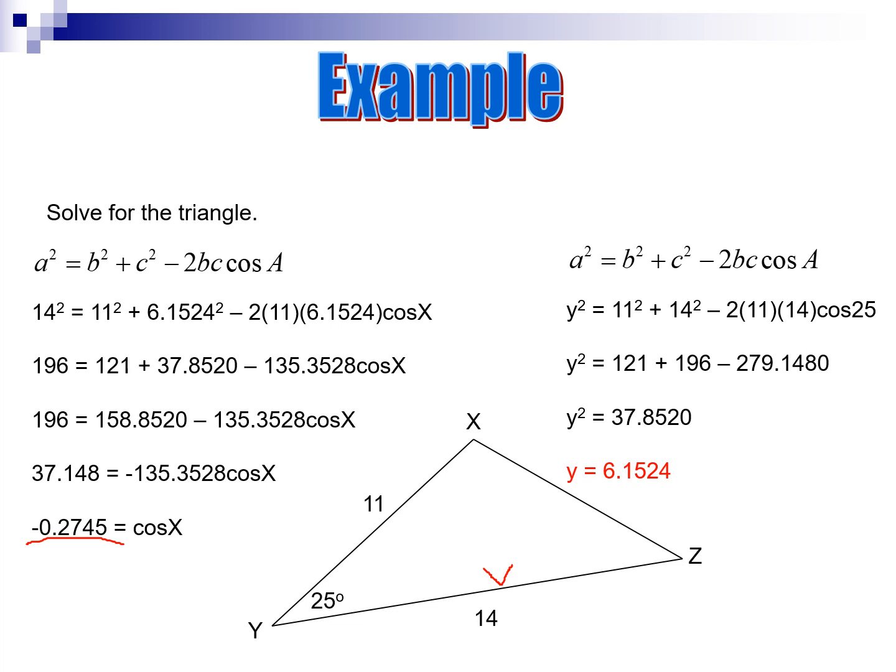And then at this point, to solve for x, you have to do something to the cosine. Hopefully you remember. To get rid of a cosine, you cosine inverse. Cosine inverse both sides.